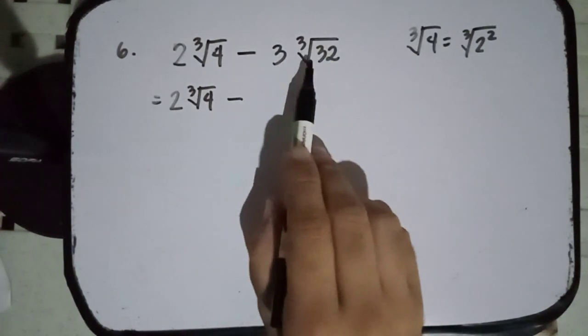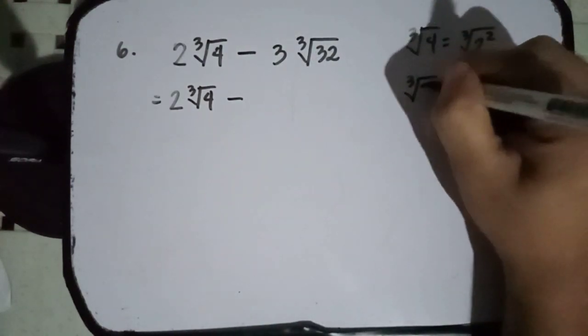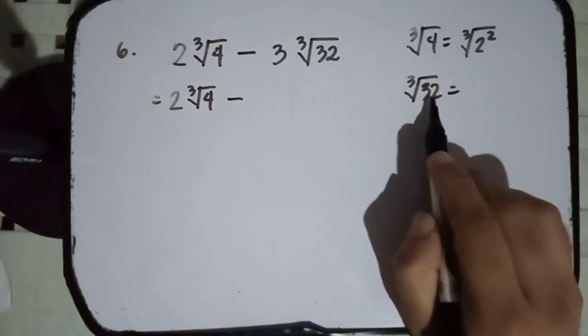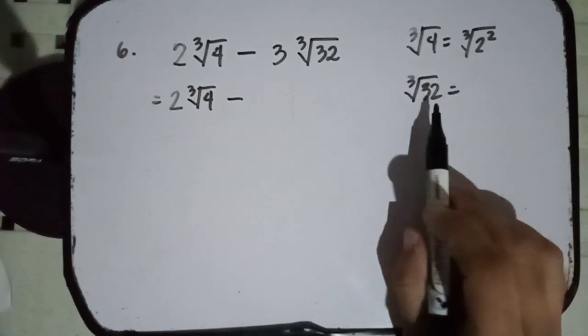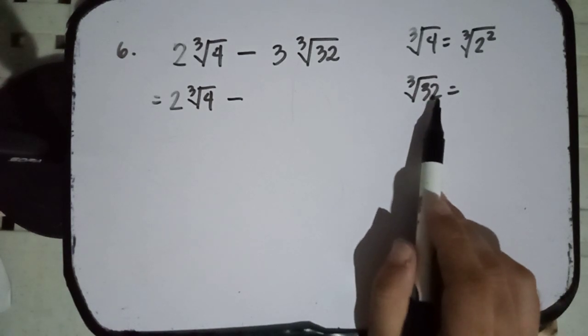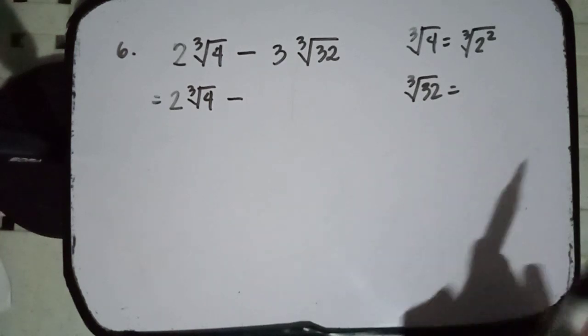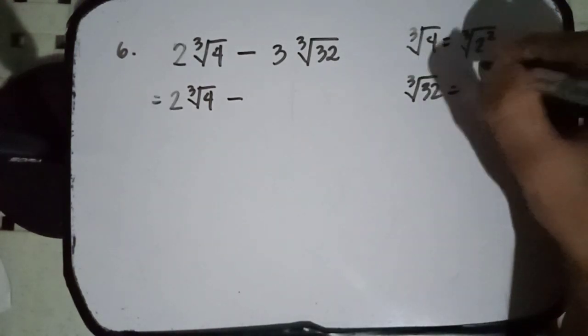So, let's see kung meron tayong masisimplify dito, no? So, the cube root of 32, bali, ang 32 po, no, ilang 2 yan. Ilang 2 ang kailangang i-multiply para maging 32. So, 5. Diba? 2 times 2 times 2, then times 2, then times 2. So, 32 po yun. Okay?